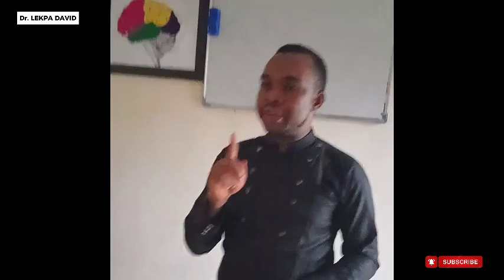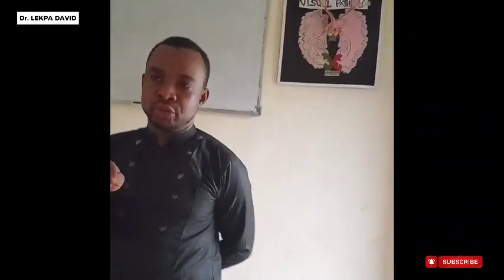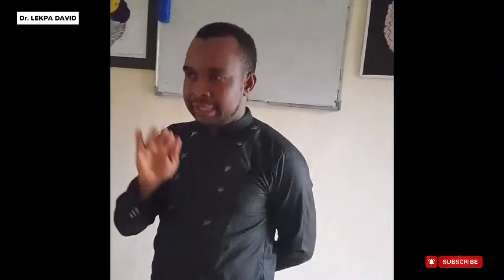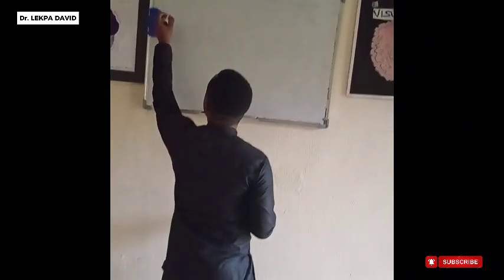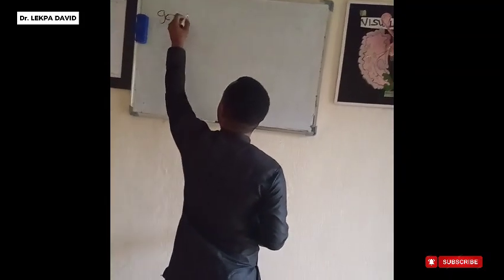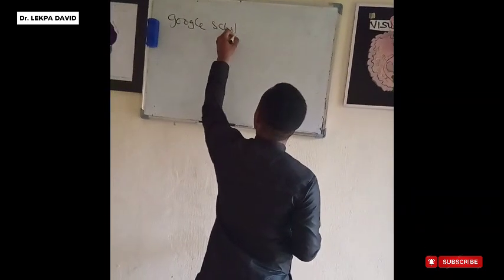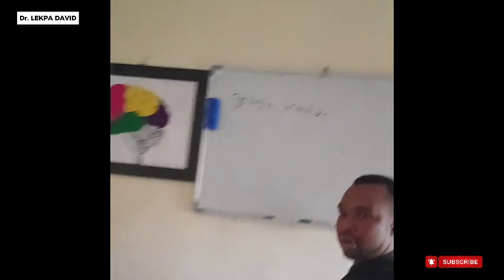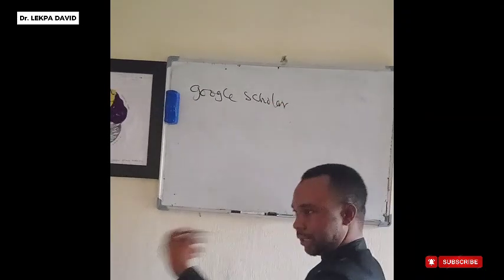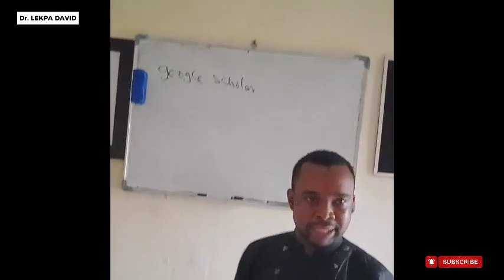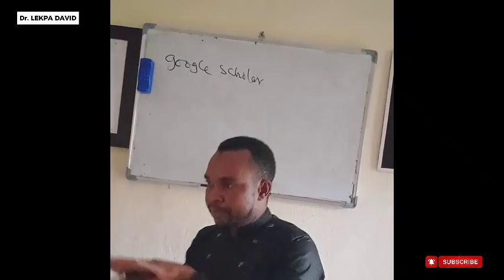Now when you are searching, I will use those of you in medical school as an example. You don't just go to general Google to search for material. Let's start from Google itself. There is a particular search engine called Google Scholar. When you go on Google and type Google Scholar, it will open just like the normal Google, and then in that place you type what you are looking for.